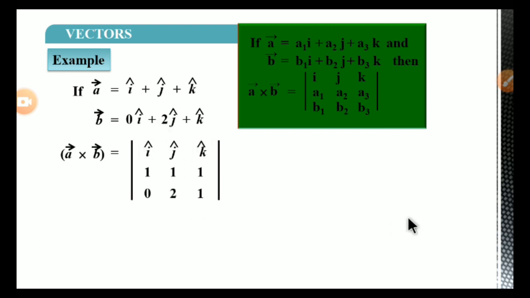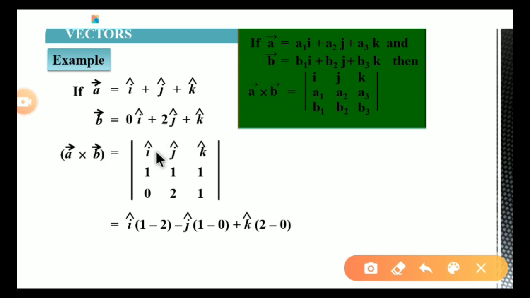Now we will solve this using determinant expansion. First take i, where the signs are plus, minus and again plus. So i cap into, here we consider this determinant: 1 into 1 minus 2 into 1, this is 1 minus 2.